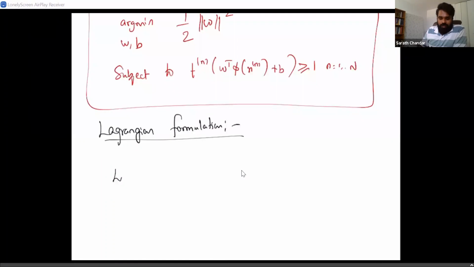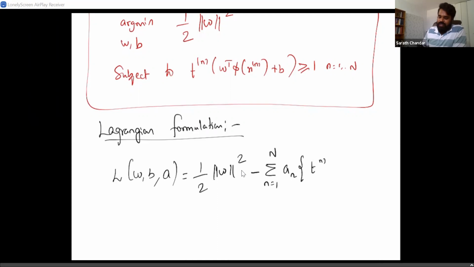My Lagrangian L is going to have a new parameter A, responsible for every constraint. So this is 1/2 W squared minus the summation over n equal to 1 to N of a_n times the constraint, where the constraint is t_n (W transpose phi of x_n plus b) minus 1. Is that clear? Let's call this equation 2.